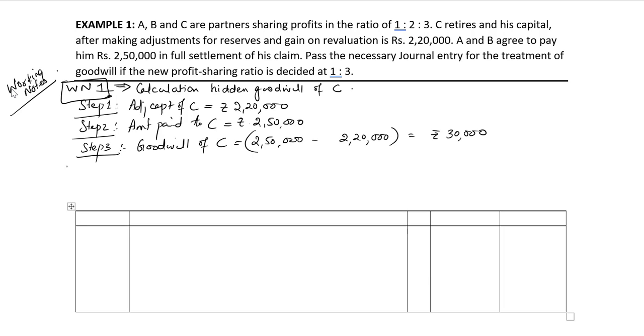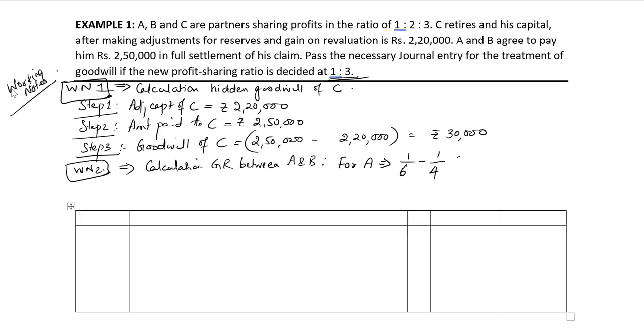To pass the journal entry, we need the gaining ratio of the continuing partners A and B. So that's the next working note, to calculate gaining ratio between A and B. For partner A, old share 1/6 minus the new share. It says the new profit sharing ratio is decided as 1:3.